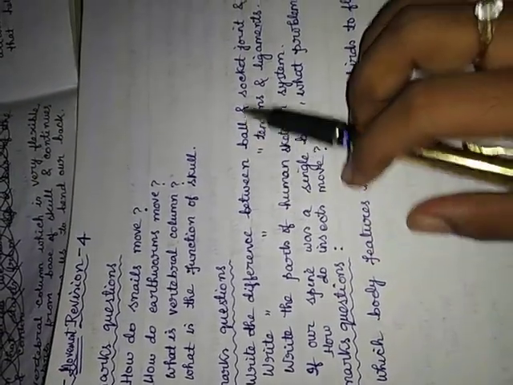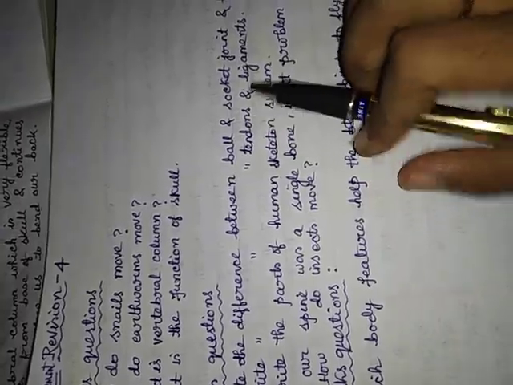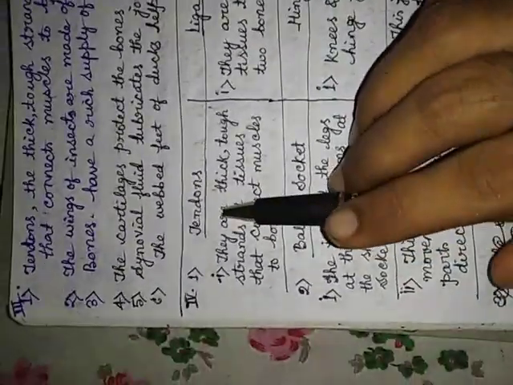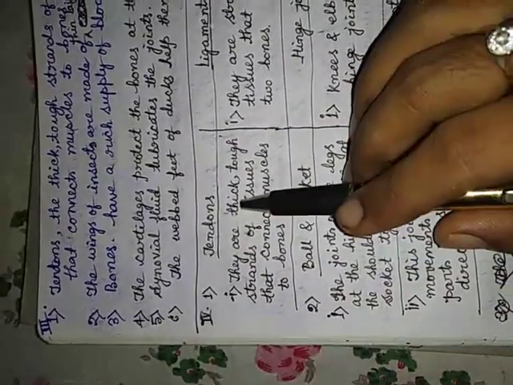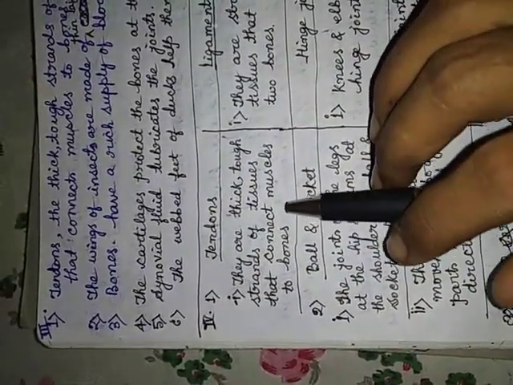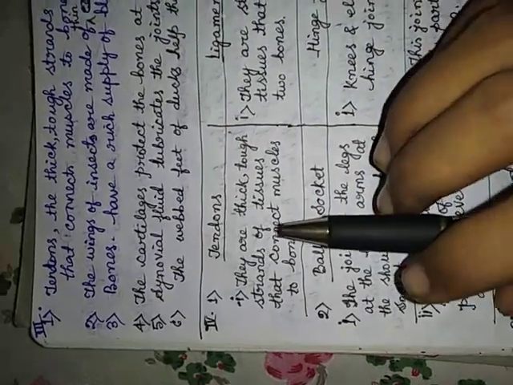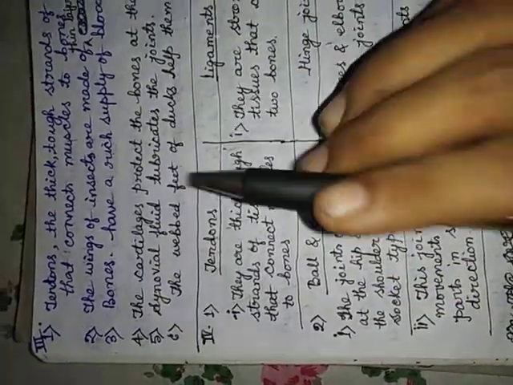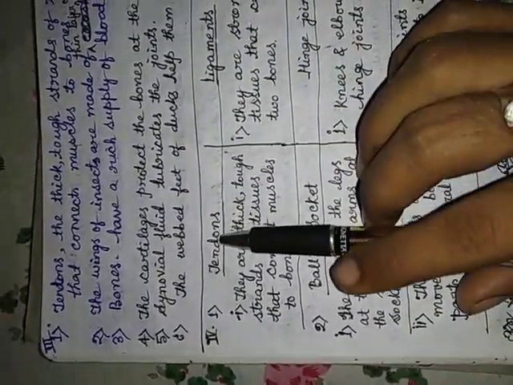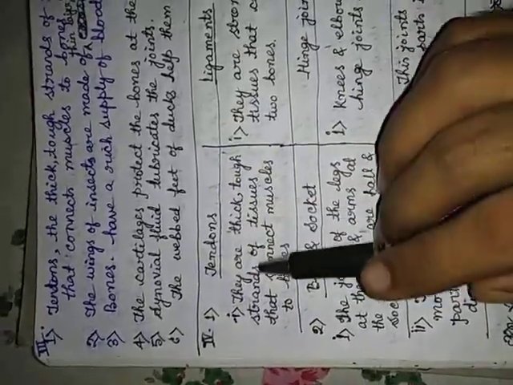Now the 3 marks questions. First, there are 2 differences: the first is between ball and socket joint and hinge joint, and the second is between tendons and ligaments. The answers are already written in your classwork copy, just go through them. Tendons are thick and tough strands of tissue that connect muscles to bones. In our body the muscles are connected with bones with the help of tendons.